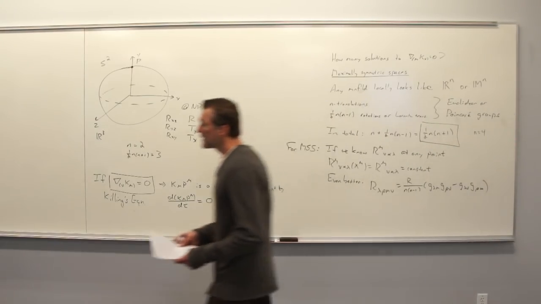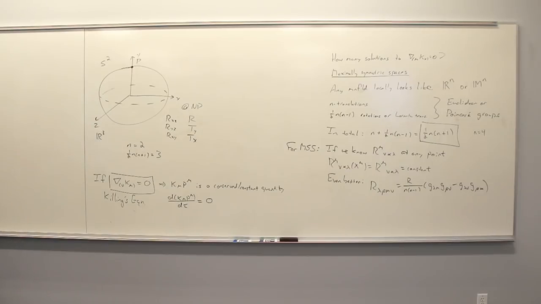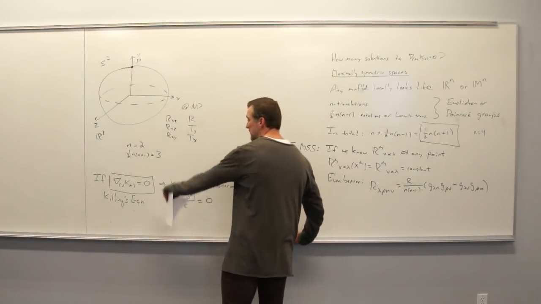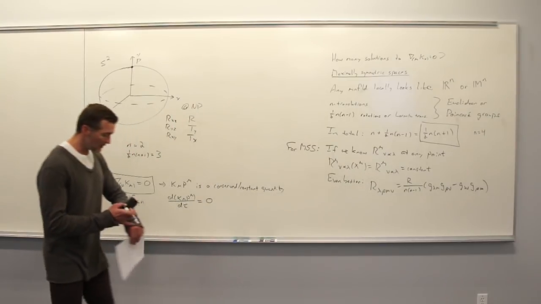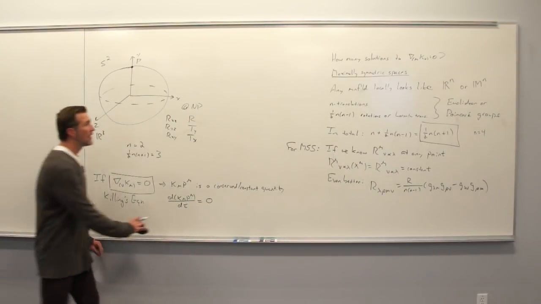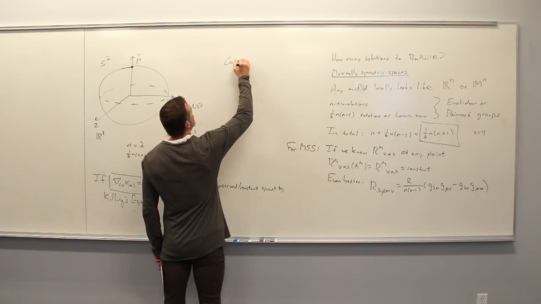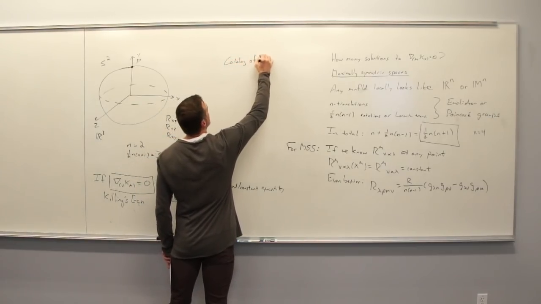Now, I'm just going to finish with a list of some maximally symmetric spaces. I was going to do an example of solving the geodesic equation, but I'm not going to keep you late. So, just a catalog of maximally symmetric spaces.